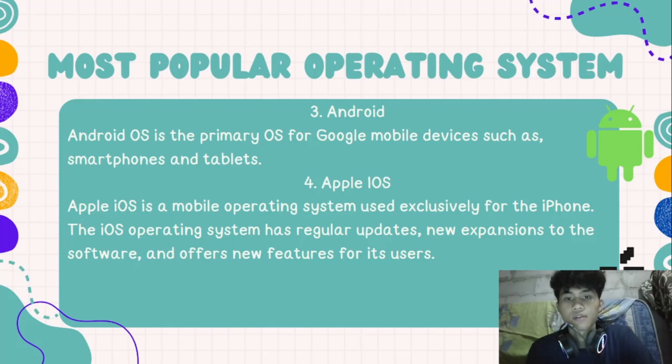Number four, Apple iOS. Apple iOS is a mobile operating system used exclusively for the iPhone. The iOS operating system has regular updates, new expansions to the software, and offers new features for its users.